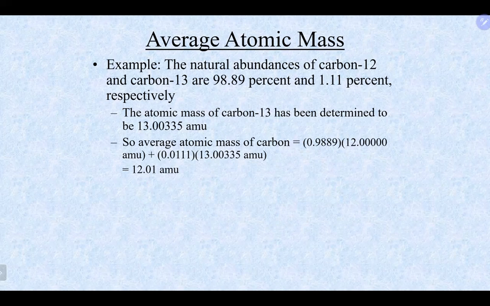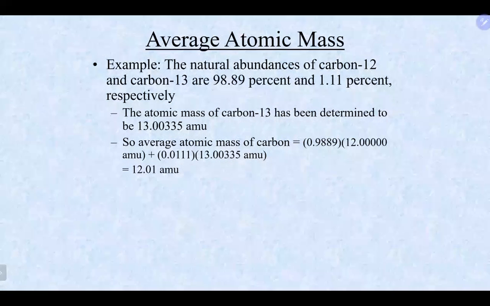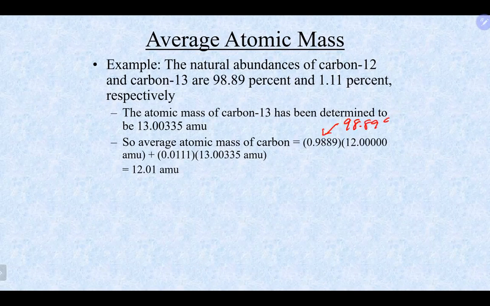The mass of carbon 13, as you can see, is different from the carbon 12 isotope, which is 12. This one is 13.00335. So this is our calculation we were just talking about. This is 98.89% converted into a decimal. This is the atomic mass of our first isotope, which is the carbon 12 isotope.